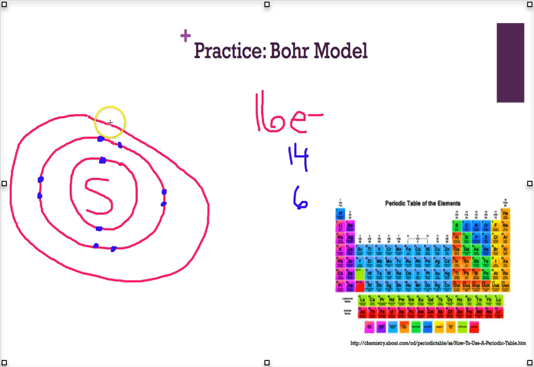So we're going to put the remaining 6 on the third energy level. 1, 2, 3, 4, 5, 6. And this would be the Bohr's model for sulfur.